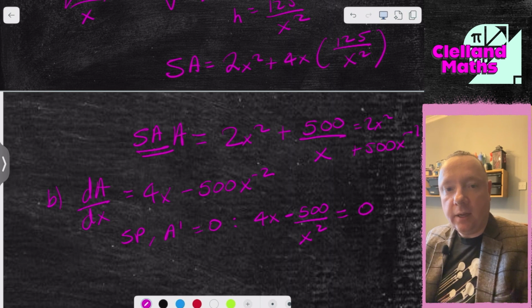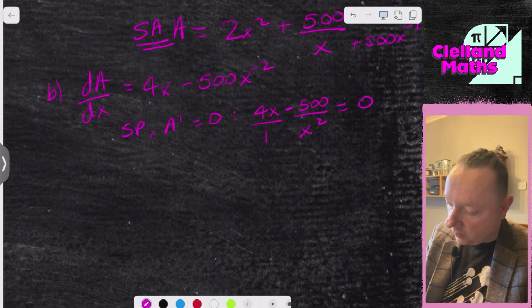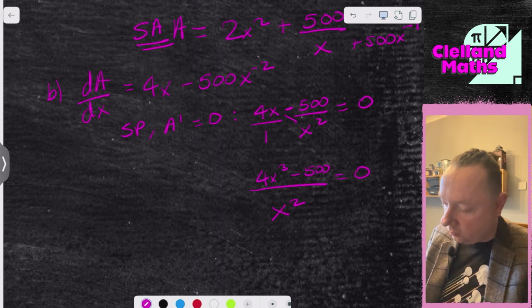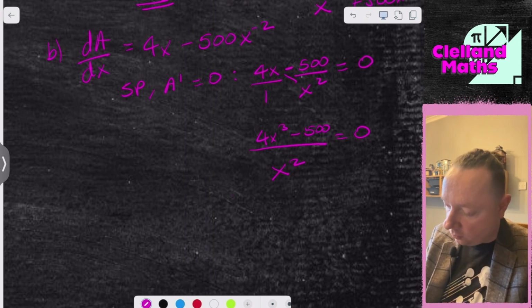Now a lot of people get stuck on how to do this one. All you do is make a common denominator. So that's 4x times x squared is 4x cubed, minus 500 equals 0. Then we can just say that 0 times x squared equals the left-hand side, so 4x cubed minus 500 just equals 0.